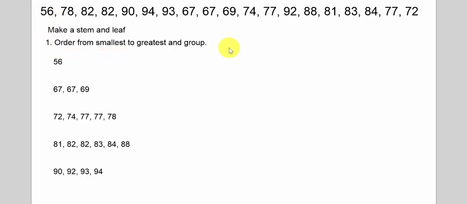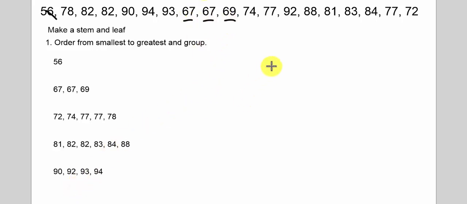I physically went through, and this is what I would suggest you do, found the smallest number, clearly the 56, crossed that off and wrote it down. Then I'd find the next smallest number, somewhere in the 60s. Here's a 60, here's a 60, and there's another 60 here. Then you cross those three off and list them in numeric order, and do the same throughout the whole set and create yourself a list.